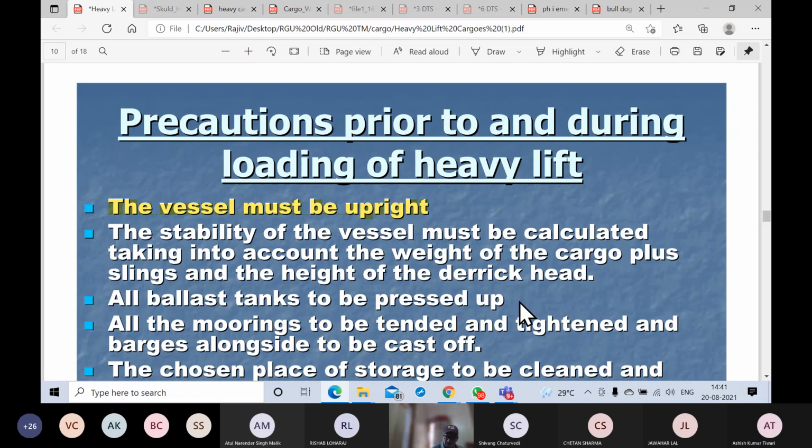In the same vein, the stability of the vessel must be calculated, which is the calculation of the free surface moment or GM fluid, before you start loading. This has to take into account the weight of the cargo, heavy lift and the height of the derrick head, to calculate how much the GM will be reduced.